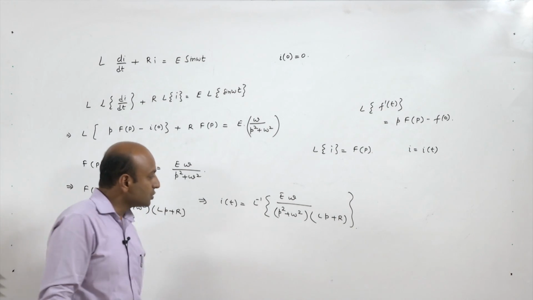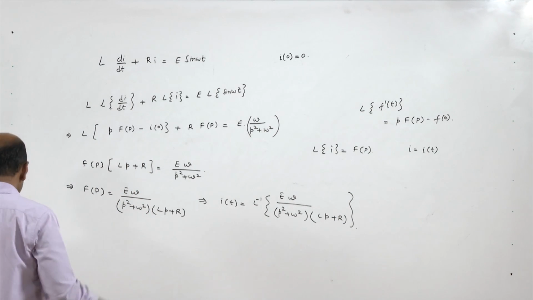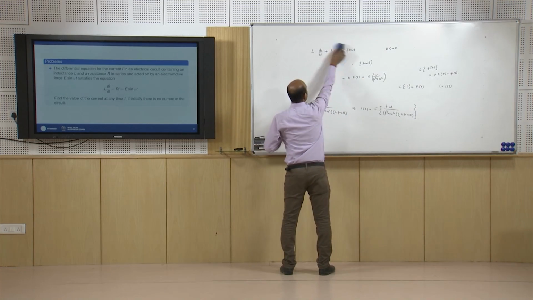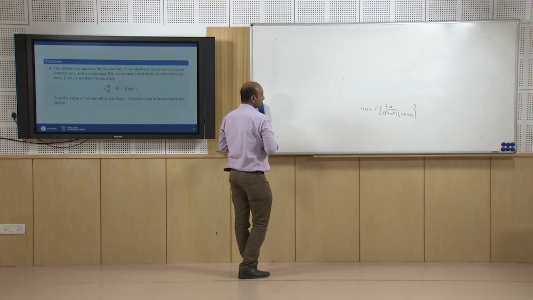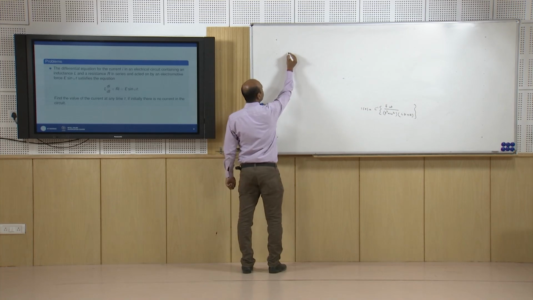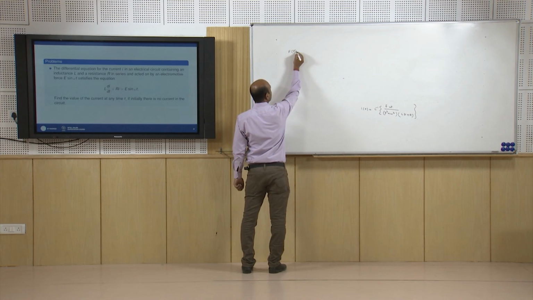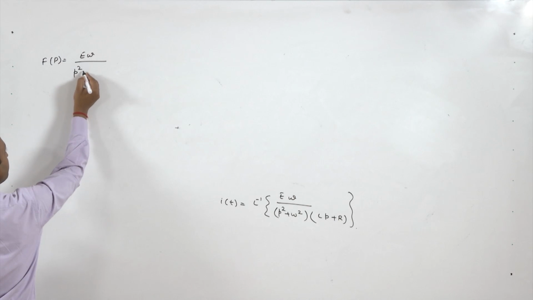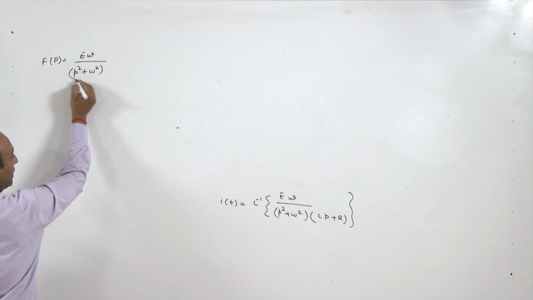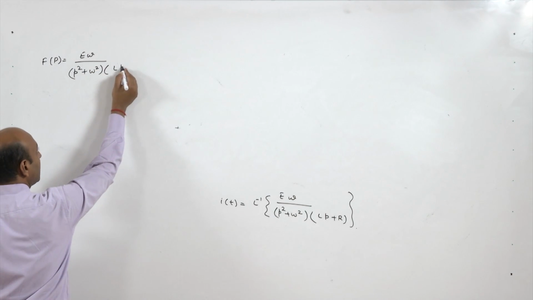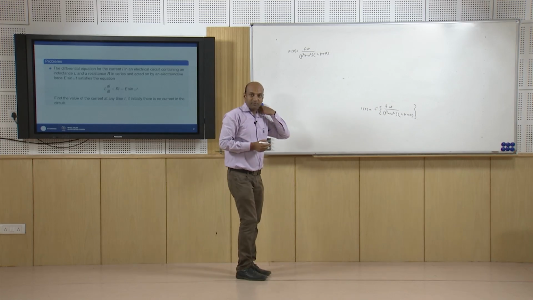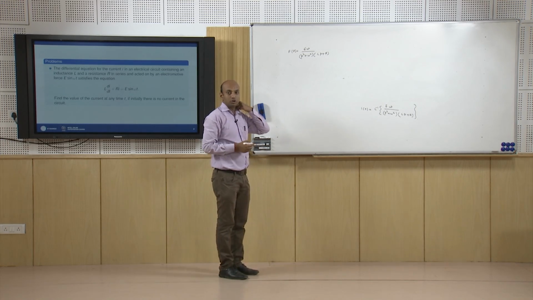So, how can you find the Laplace inverse of this? Let us focus on the Laplace inverse of this expression. This F(p) is E omega, a constant free from p, over (p square plus omega square) into (Lp plus R). One way is to make partial fractions, or you can use the convolution theorem.